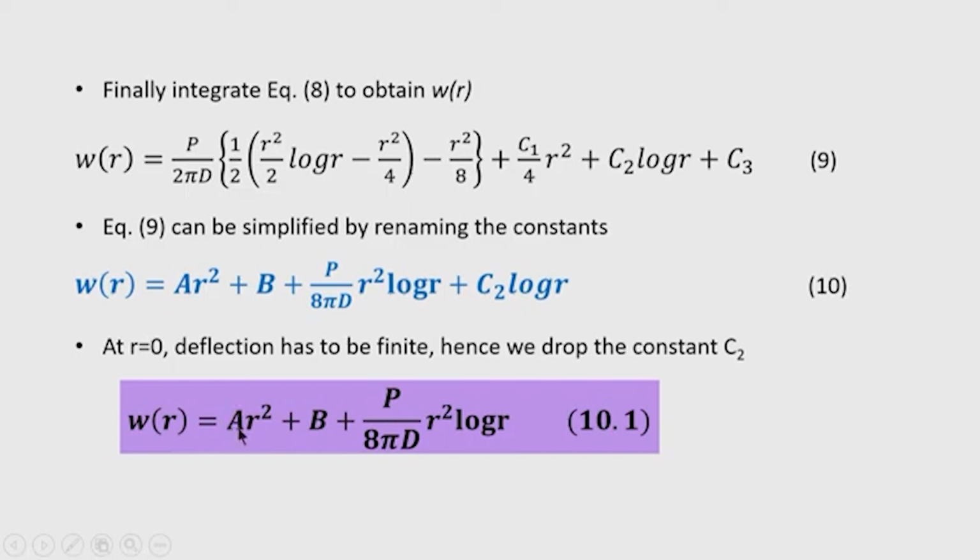You can obtain this, the first term derivative with respect to r will be twice A r, the derivative of B will be 0 because it is a constant, and for the third term, P by 8 pi D will be a constant term, and here a product of two terms is there. So, therefore, you have to differentiate r square first and the coefficient will remain as log r, plus you differentiate log r and with that the multiplication of r square will be there.